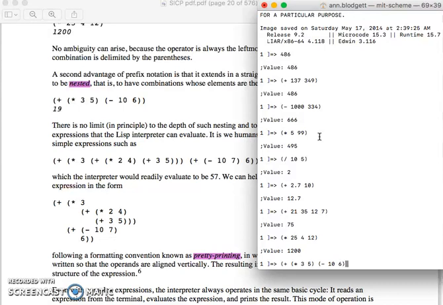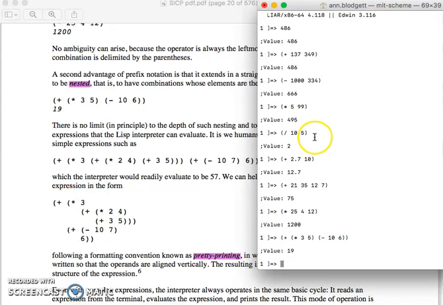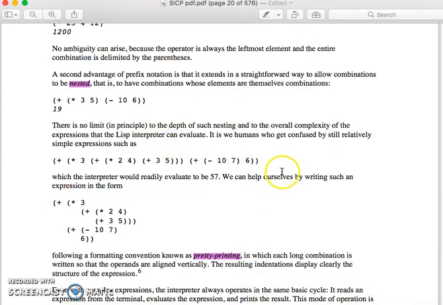So 10 minus 6 is 4, and 3 times 5 ends up being 15. Then it adds those two together, so we should get 19. And we do. There is no limit in principle to the depth of such nesting and to the overall complexity of the expressions that the Lisp interpreter can evaluate.